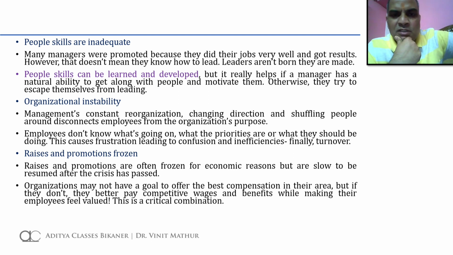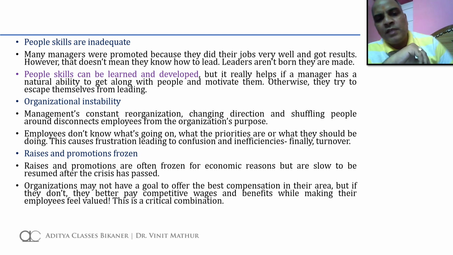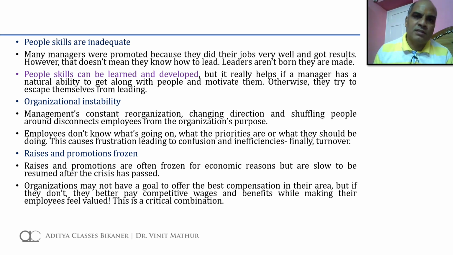There may be economic reasons, and some kind of crisis, but still in these situations employees quit the organization and like to join any organization which is performing well, and they are offering higher salaries and promotions.